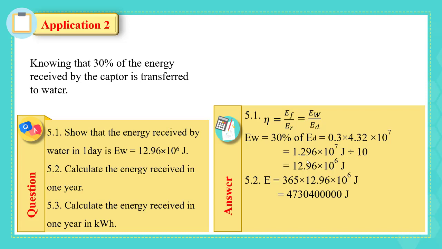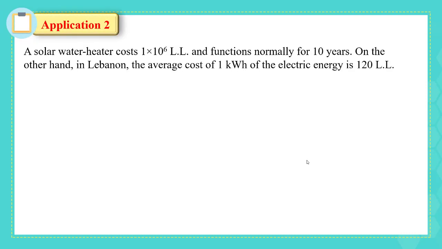In question 5.3, we have to calculate the energy received in kilowatt hours. So I have to divide the obtained number by 3.6 times 10 power 6, and then I get 1314 kilowatt hours.